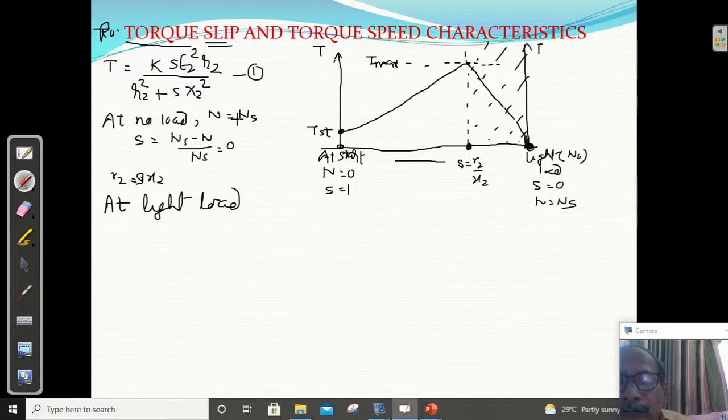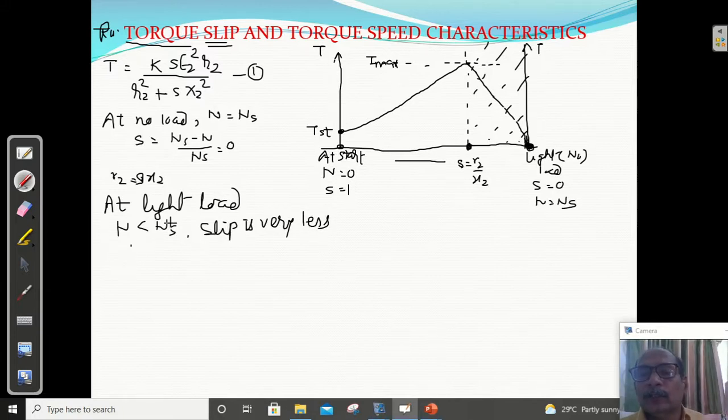Suppose I am assuming at no load condition N equal to Ns, so slip will be 0 and torque will be 0. Now at light load condition, N is slightly less than Ns. Slip is very less.